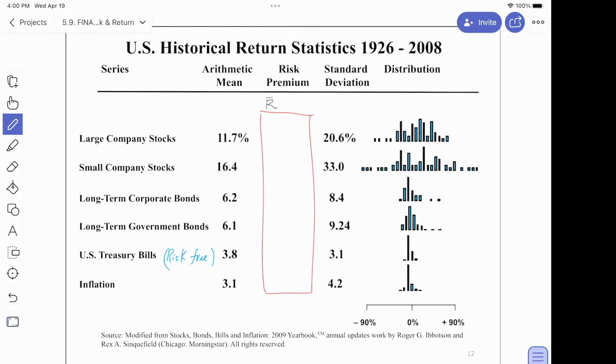I can call it R bar I, minus the risk-free Treasury bills. This is the return to the risk-free asset. The F stands for the risk-free. And I don't put a bar on it for a reason.